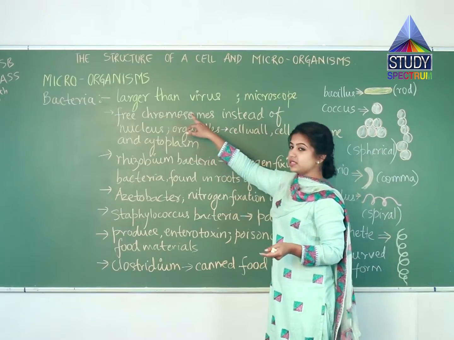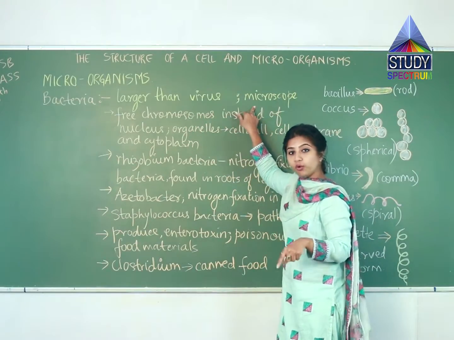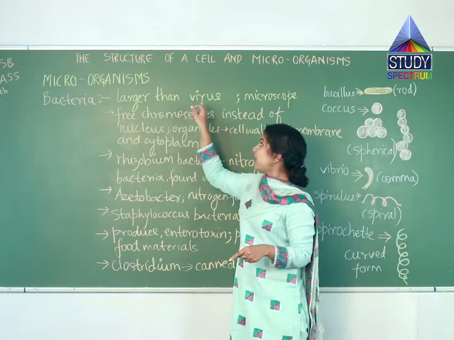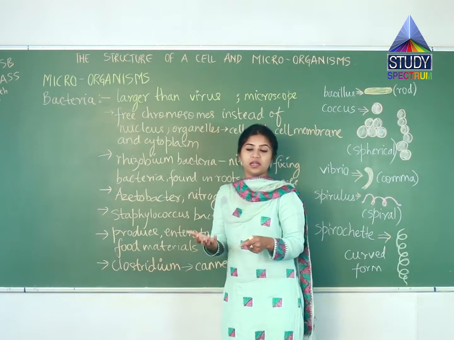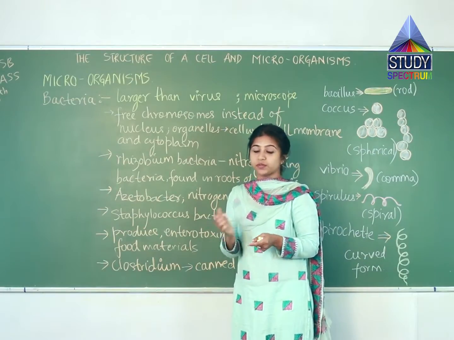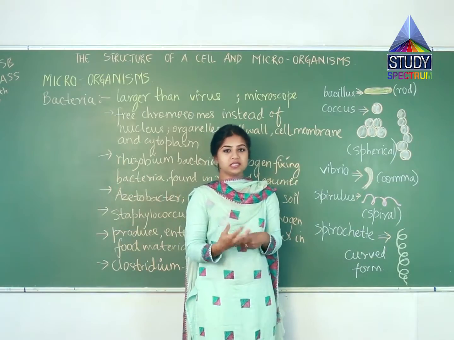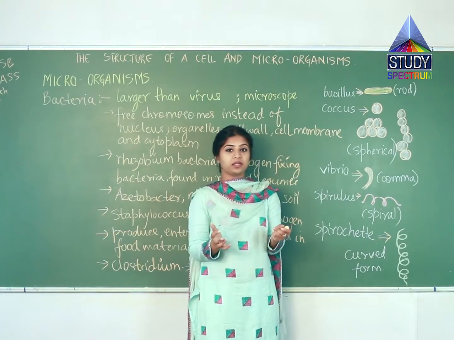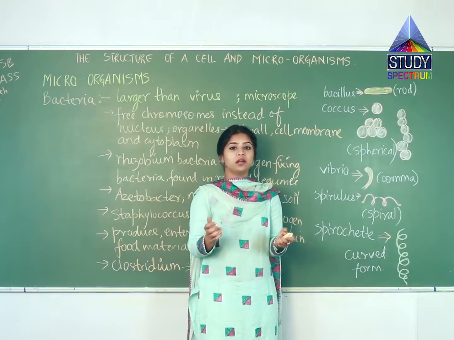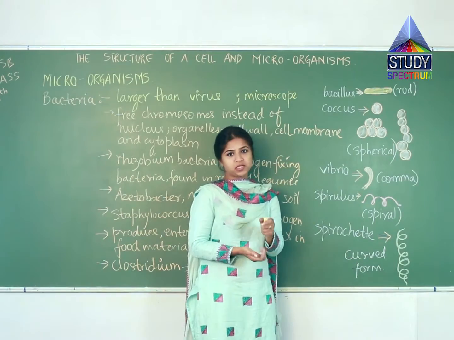So bacteria are larger than the virus, but they definitely need a microscope to be observed because they are, in the end, microorganisms. Bacteria can be of different sizes and shapes and can be clustered together or aggregated in chains.